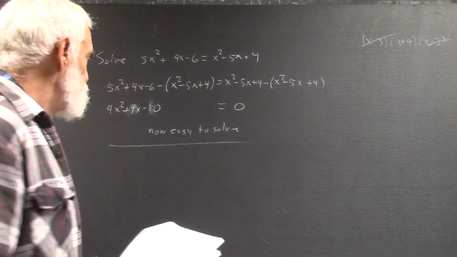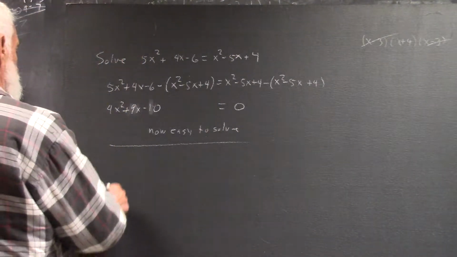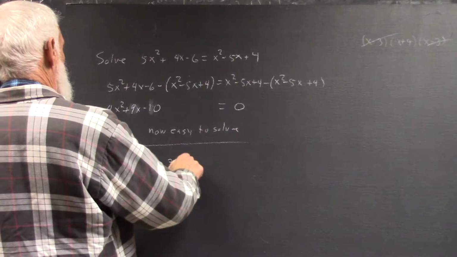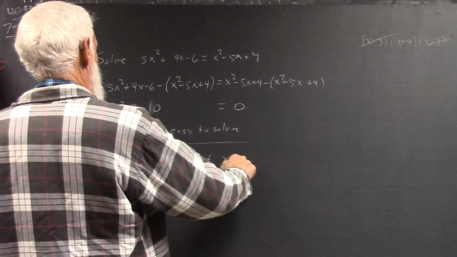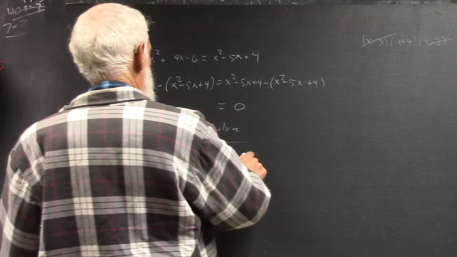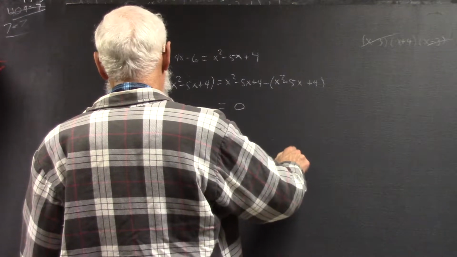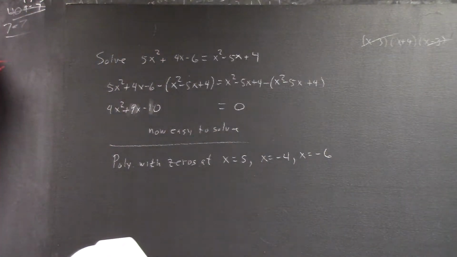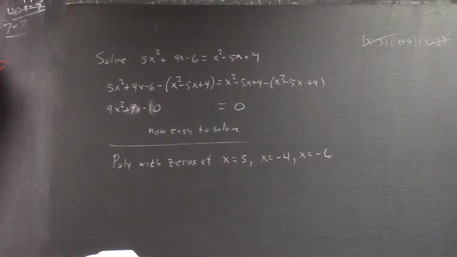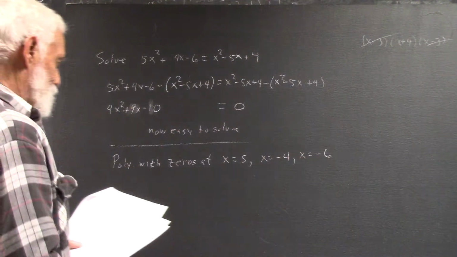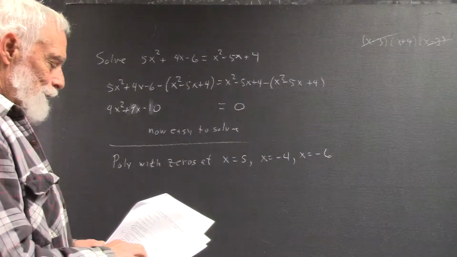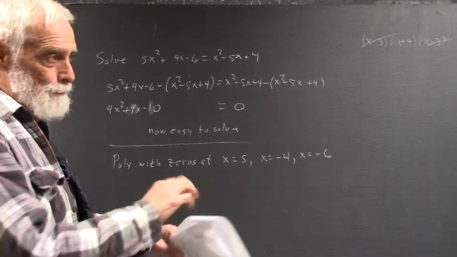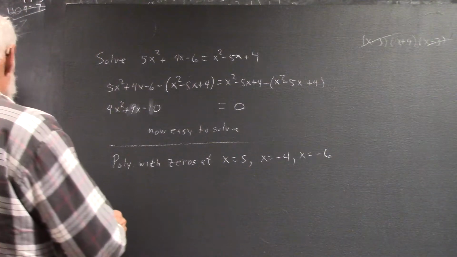Okay. Now you've got a polynomial with zeros at x equals 5, x equals negative 4, x equals negative 6, and the y-intercept is at 0, and it has A times C. I typed AY for at, that's why it's next to T, I got clumsy.